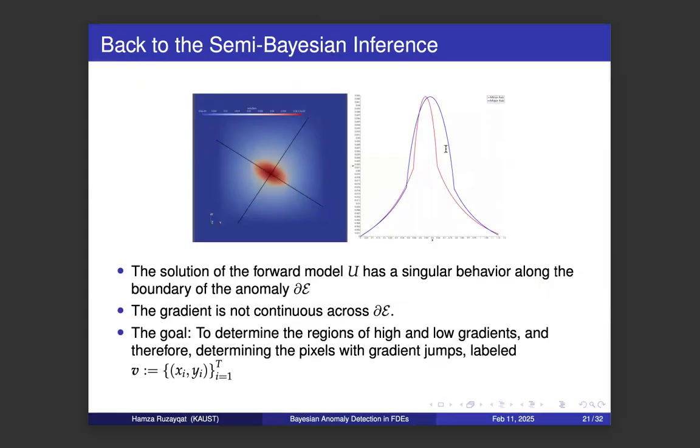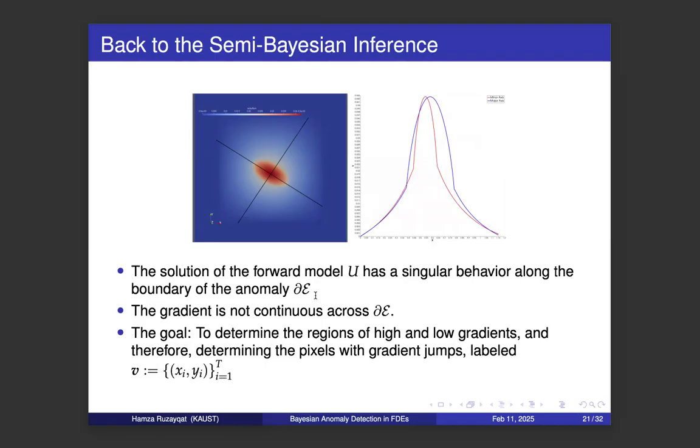Okay, now we come back to the semi-Bayesian inference. As I mentioned, if you look at the solution on the major and minor axes, here is the solution, the blue is on the major axis and the red on the minor axis. You will see that at the boundary of the anomaly, the solution is sharp, which means if you take the gradient there, it's going to be discontinuous on the boundary of the anomaly.